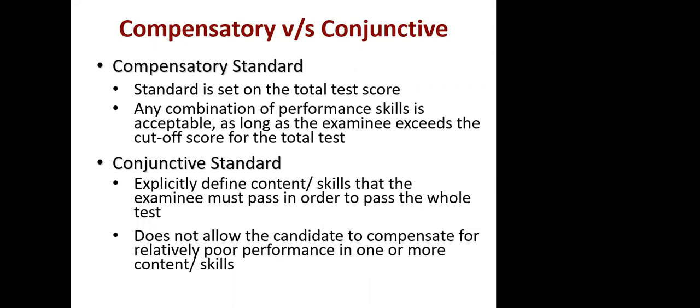When we follow a fixed standard even, and if the standard is, for example, 50%, anybody who scores 50% of the MCQs correct, we make them pass. We don't look at what 50 MCQs have they failed and what 50 MCQs have they passed, right? However, the conjunctive standard looks at these skills and knowledge.